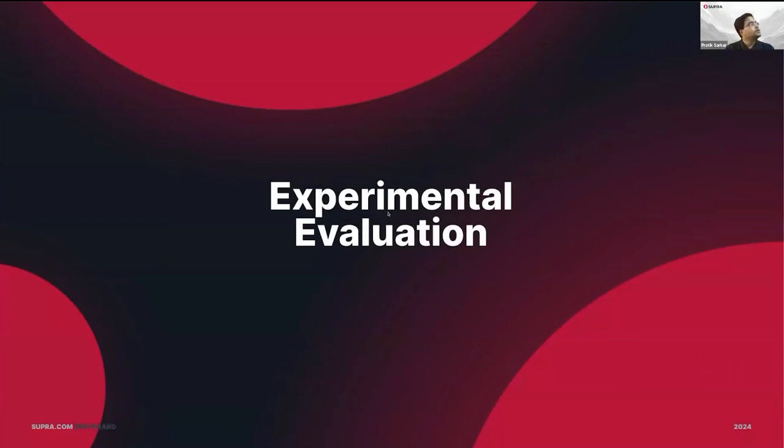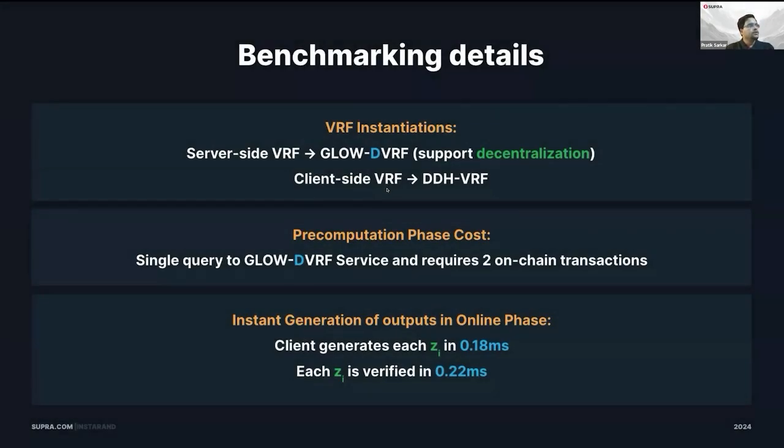Now let me talk about the experimental evaluations. In the benchmarking, there are two VRF protocols, one on the server side and one on the client side. On the server side VRF, we deploy Glow DVRF to support decentralization of the server. But you can also consider the Chainlink VRF service, or even use a beacon service to instantiate the server.